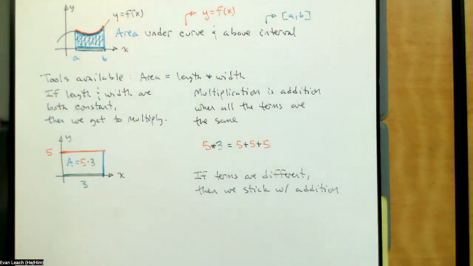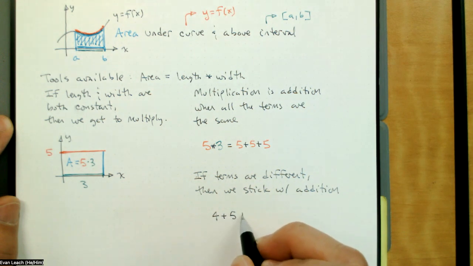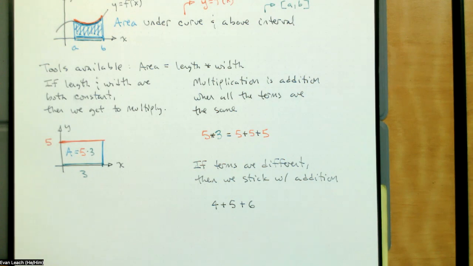So if I got 3 different terms, 4 plus 5 plus 6, as it stands, I don't have 3 of anything. So I just got to do 4 and 5 is 9, plus 6 is 15. It's not 3 times anything.